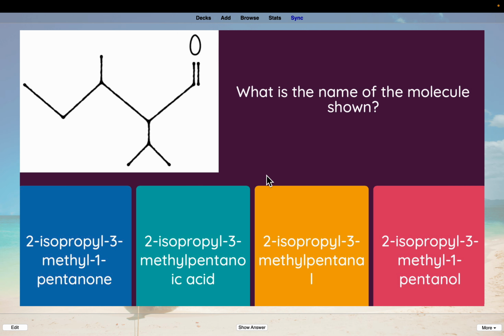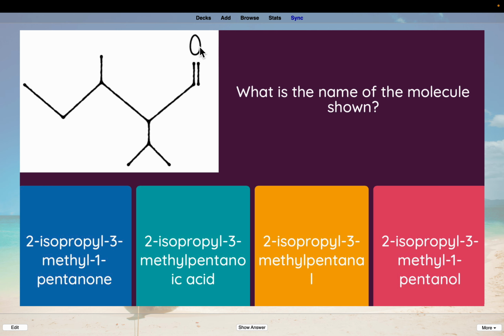What is the name of the molecule shown? Okay, we start counting from where? Let's try if it's okay to start from the left. 1, 2, 3, 4, 5. Definitely not pentanoic acid.